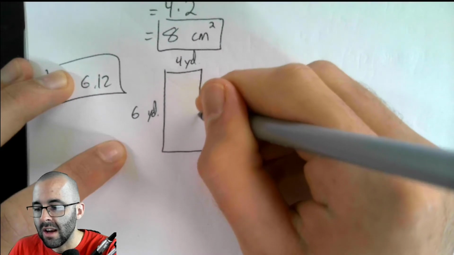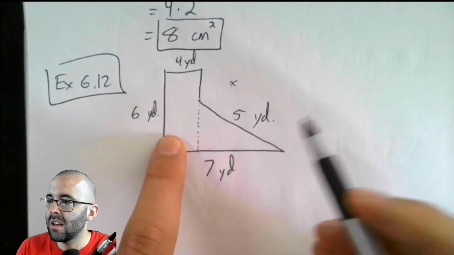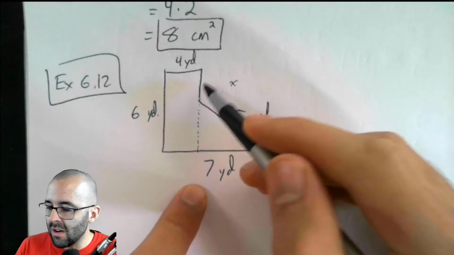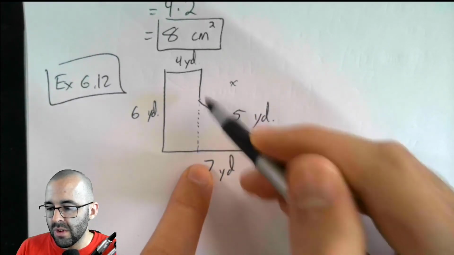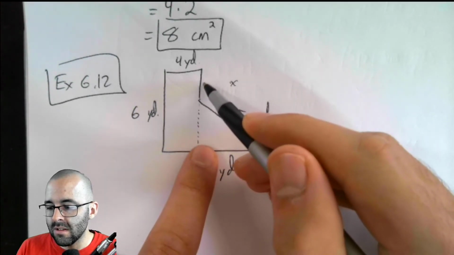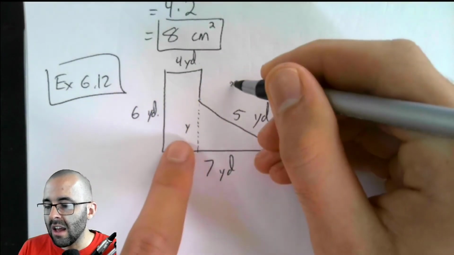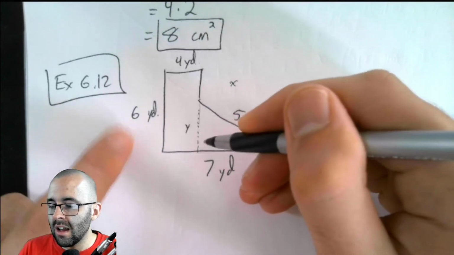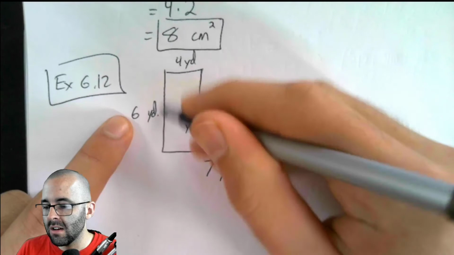And eventually we're going to find the area, and the area is going to be the area of this triangle plus the area of this rectangle. But to find the perimeter, we need to know how long this is. So we don't know what this is. We also don't know what this is. We know that x plus y has to equal 6 yards because this shape right here is a rectangle.